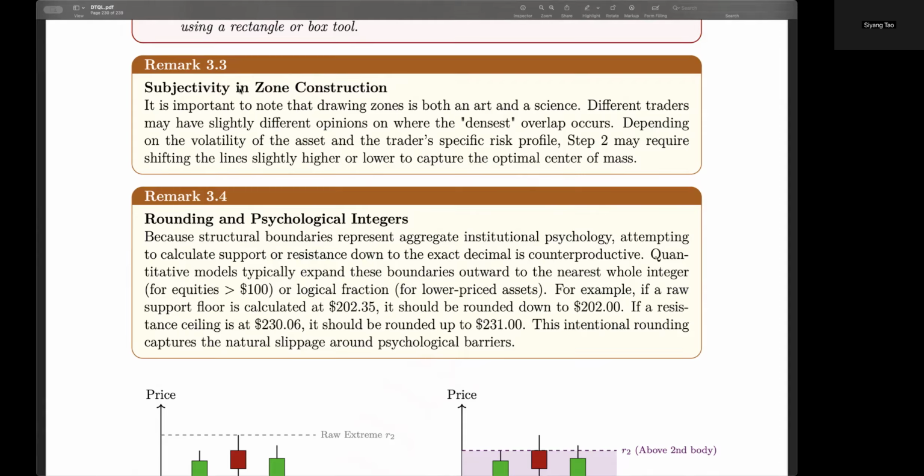And again, another note is that different traders may have different opinions, which is fine. And this is one way to define the zone. We will look at other ways to define the support and resistance zone as well in later subsections.